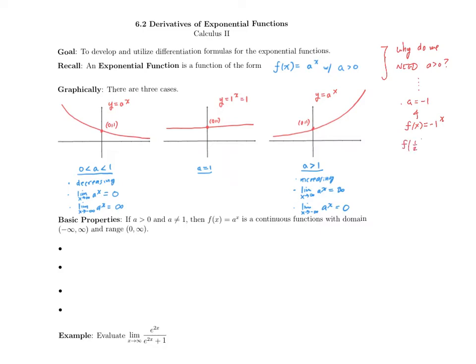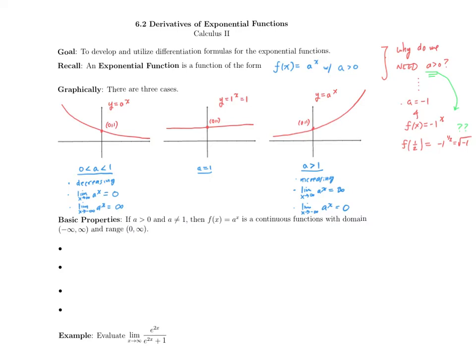If we want to know what f of 1/2 is, that would be minus 1 to the 1/2 power, which is the square root of minus 1. And I agree. How do we work with that? So that is the reason why we need a to be positive. Because when a is negative, you can get these troublesome quantities that we would consider in a more upper level math course.